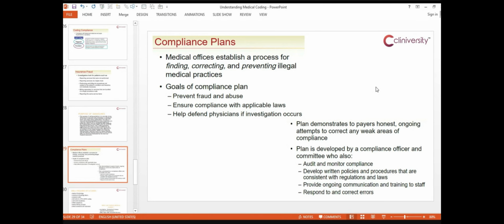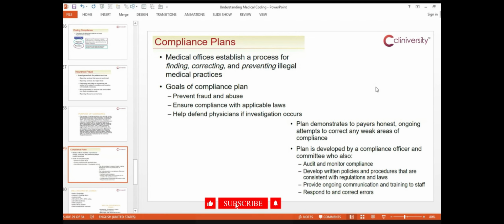The goal of the compliance plan is to prevent fraud and abuse, ensure compliance with applicable laws, and help defend the physician if an investigation occurs, right? A genuine physician should not get stuck with giving wrong treatment or providing a wrong report for the claim purpose. So in a way, we can protect the physician also using these compliance plans.